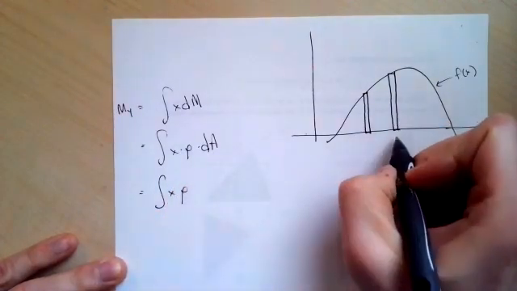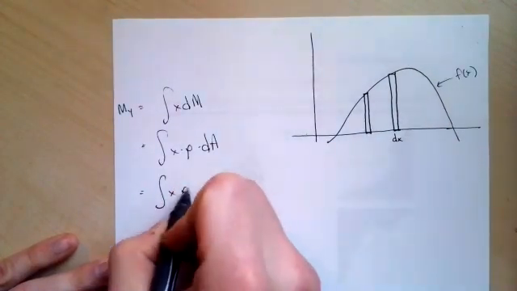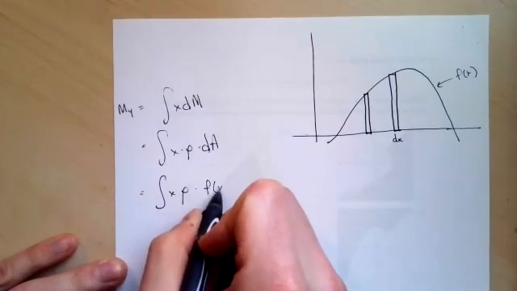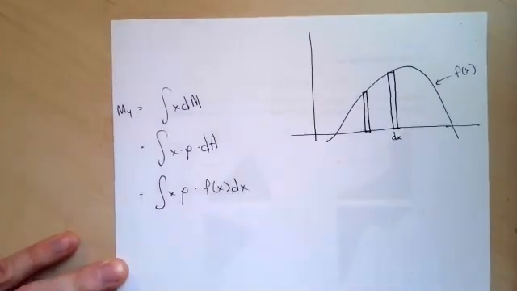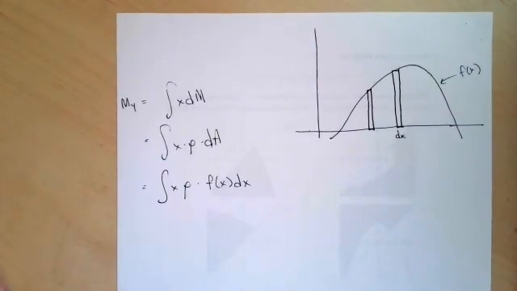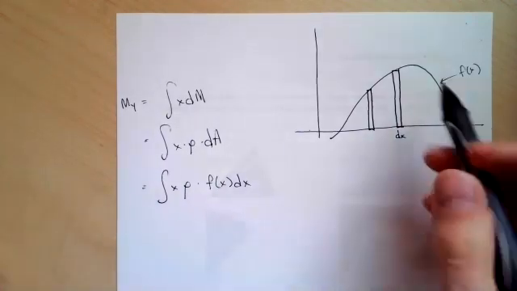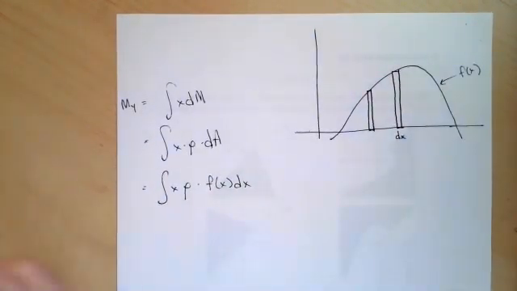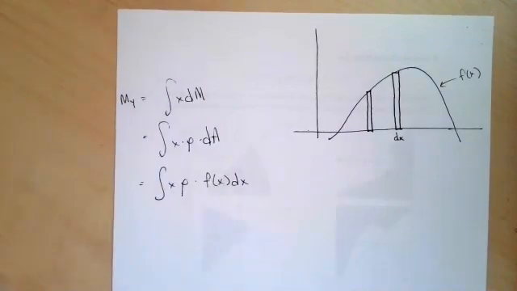And so what is our dA? It's going to be f of x dx. So the height of each bar times the width gives us the area there.